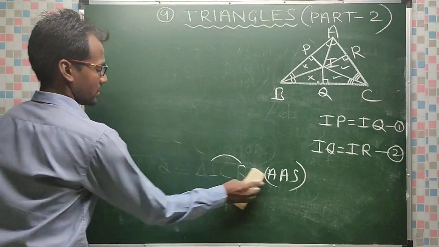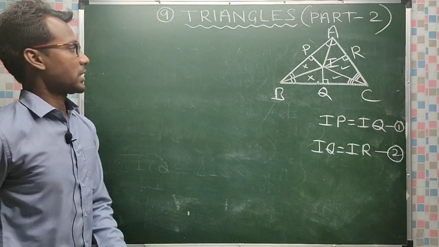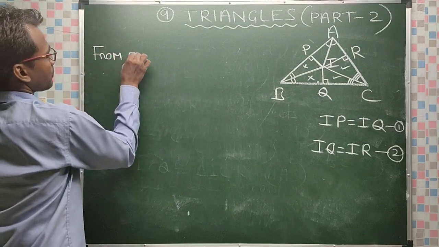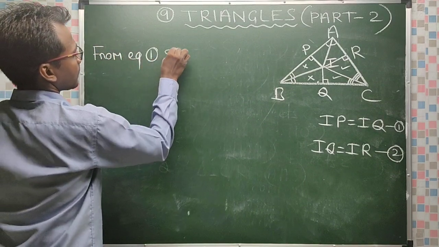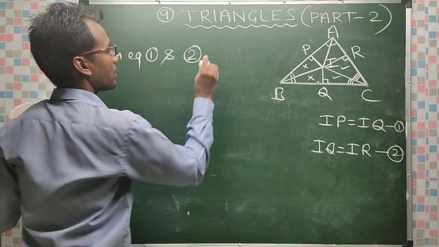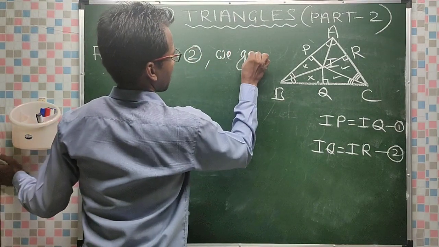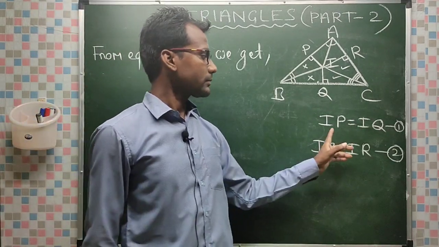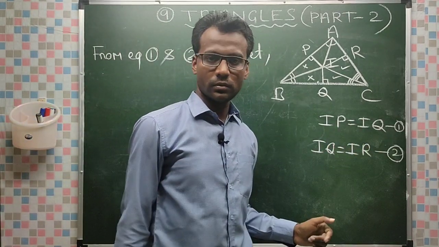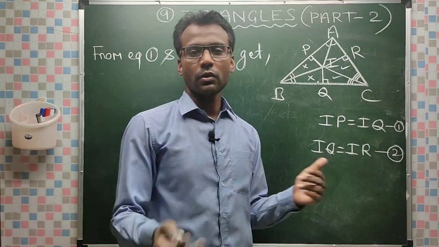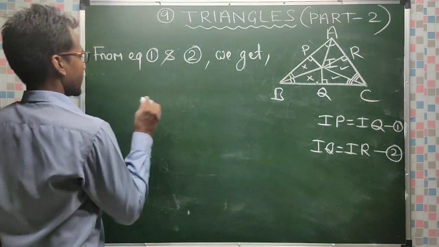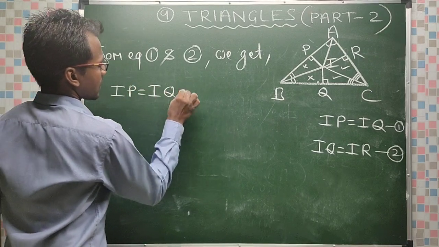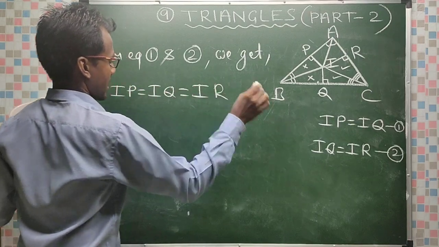Now from equation 1 and 2, we combine IP equal IQ and IQ equal IR. So all three are equal. We get IP is equal to IQ is equal to IR.